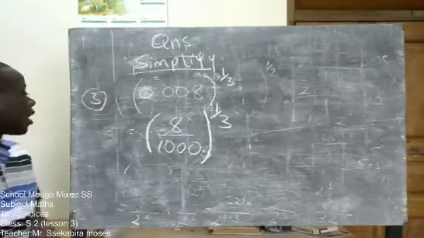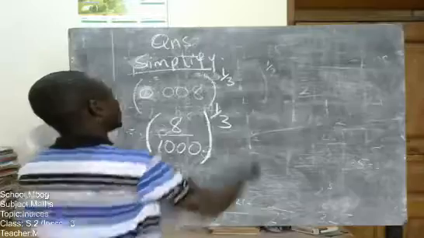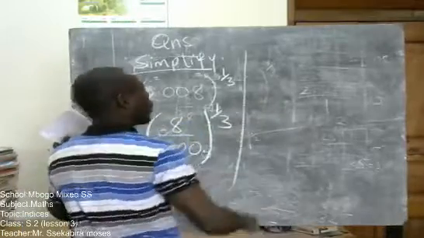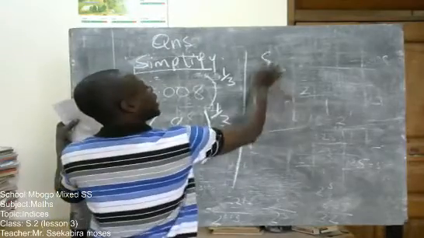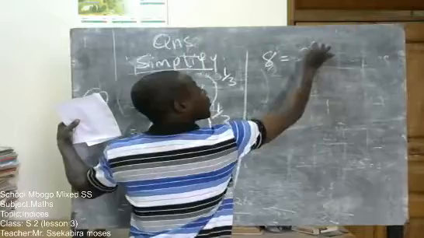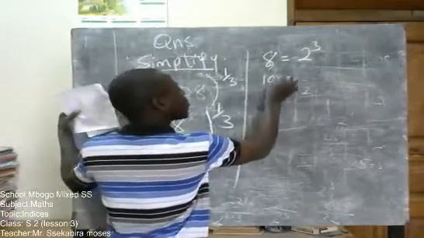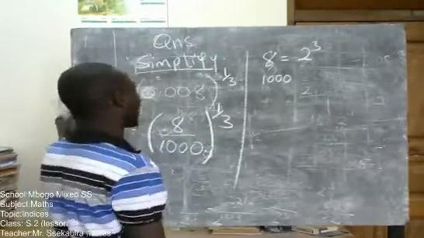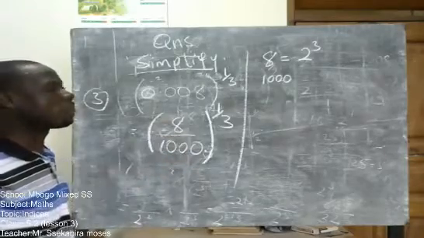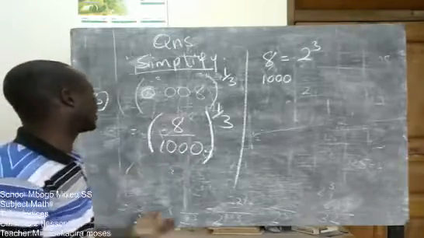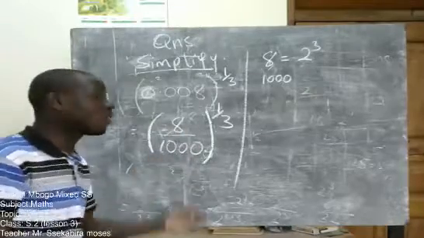Now we are simplifying. Is 8 a prime number? No. Is 1000 a prime number? No. If you prime factorize, I think now we know how to prime factorize. 8 is going to give us 2 to power 3. We express 8 as a product of prime factors and 1000 as a product of prime factors.